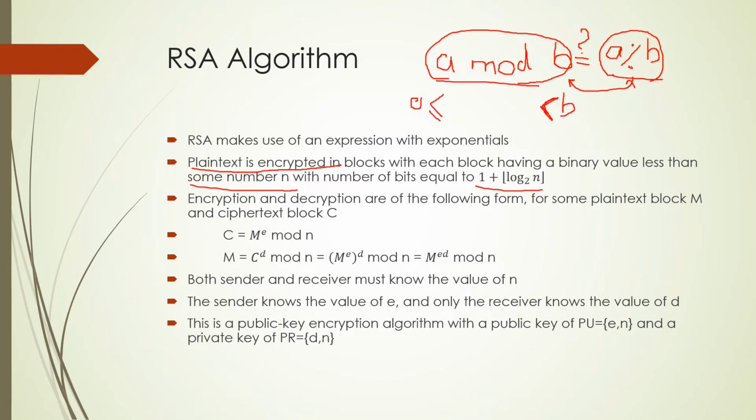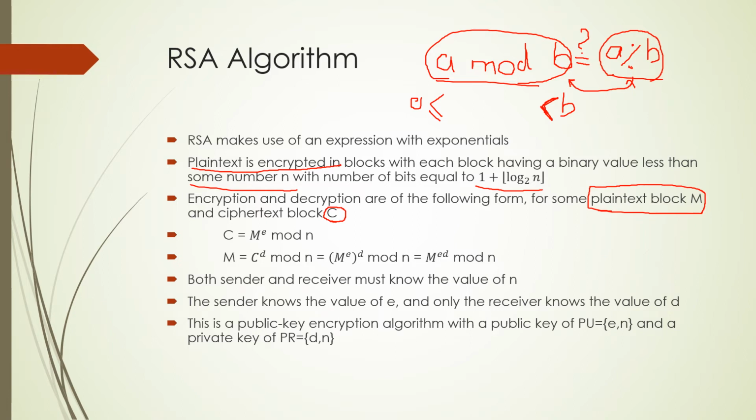As said before, the plain text should have a numerical value less than n. It can be from 0 all the way to n minus 1. Now, let's say you want to do encryption for confidentiality purposes. You have a plain text block m, and you want to construct the ciphertext block c given the plaintext block m.